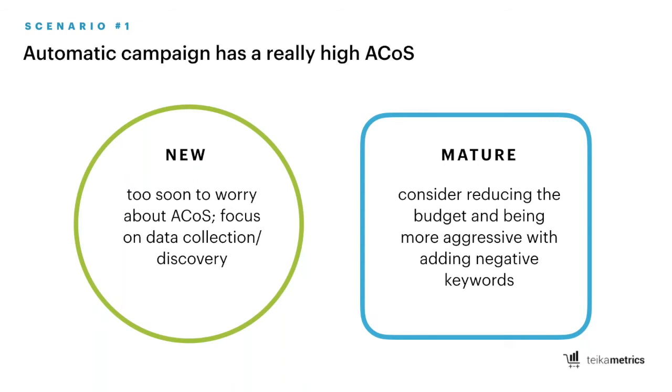And then once you have it running for a good amount of time, I hate to put a specific time frame on it because it'll vary for every seller. Once you find that there's enough data, then you can really start to go into that mature phase of taking action, which is really working with constraining budget, being more aggressive maybe with negative keywords.